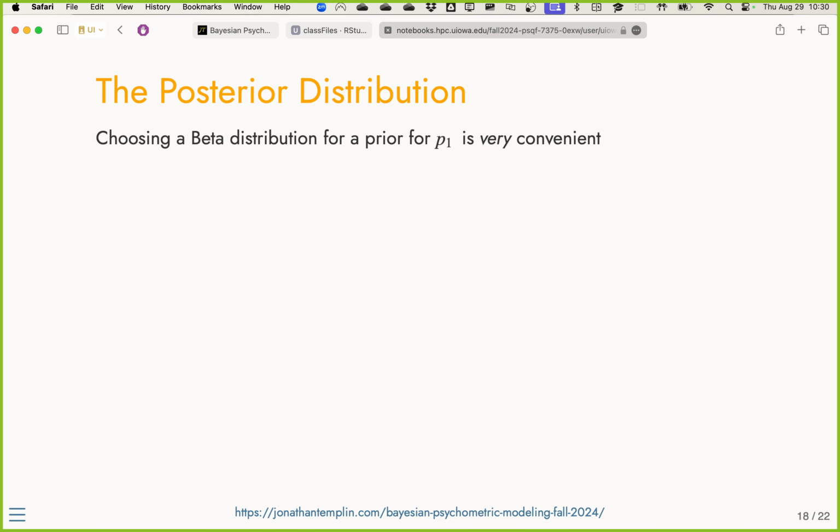Okay. So, turns out there's another reason to choose a beta prior for P1. A better reason, an even more convenient reason.